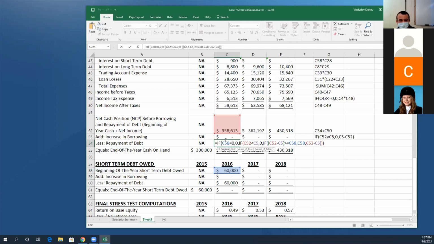So I'll give you some time to enter this formula for the repayment of debt. Make sure you have the correct number of parentheses, because sometimes you put in an extra one or you forget one and it gives you an error.